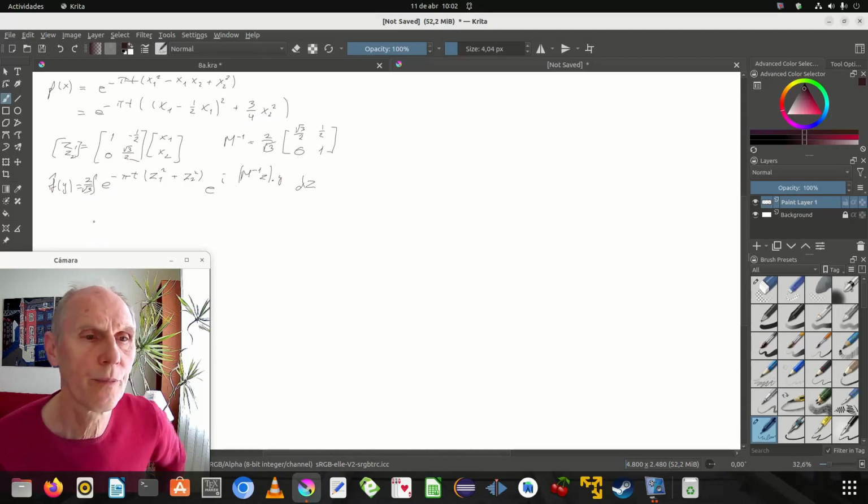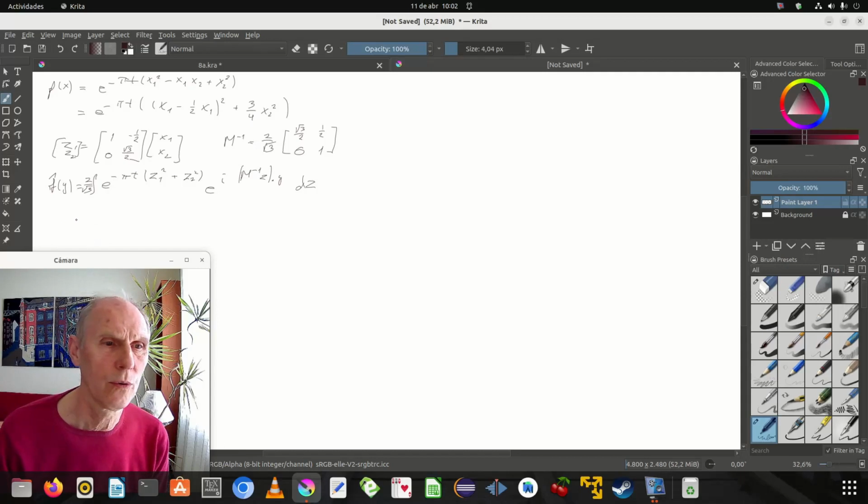There we go. And then to be able to use the Fourier transform, we put this matrix on y. So that's the M star that pops up again. M star of y. And this is the dot product with itself.